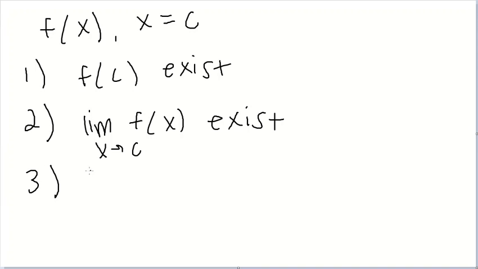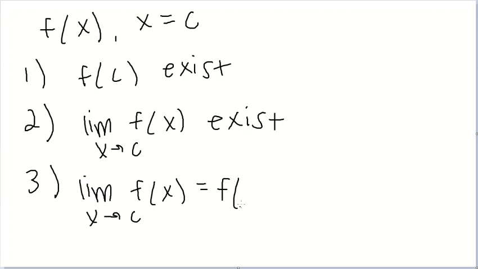And the last one is the one that's most commonly forgotten. The limit as x approaches c of this function must equal f of c. The limit as we approach c has to be the same value as what the function is actually defined as, the y value at that point.